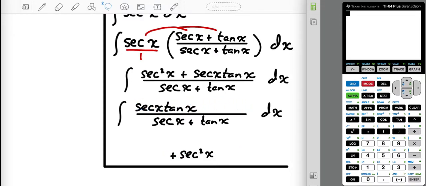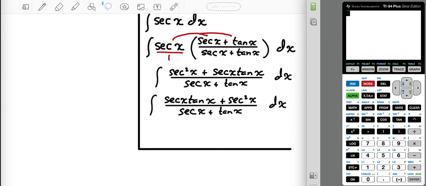And so I'm just going to move some things around here. The reason why I'm going to do that is because it's actually nice if I let u be equal to secant x plus tangent x.